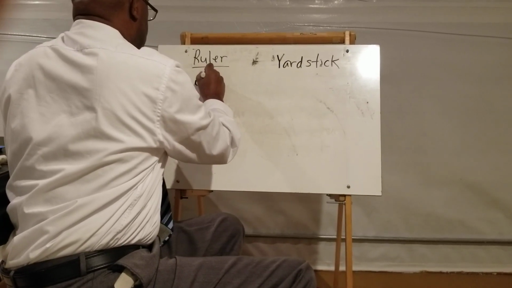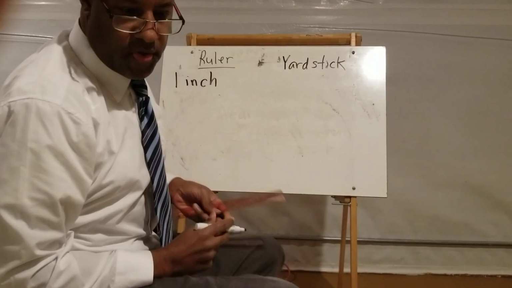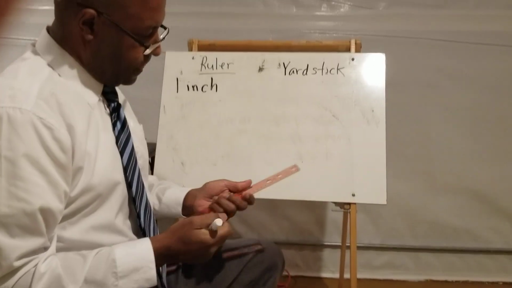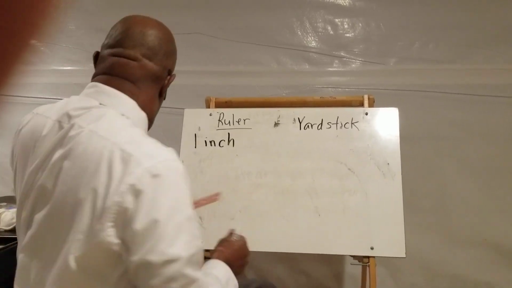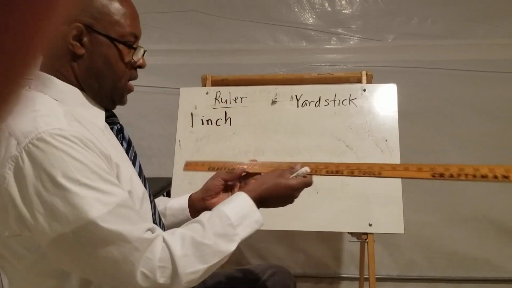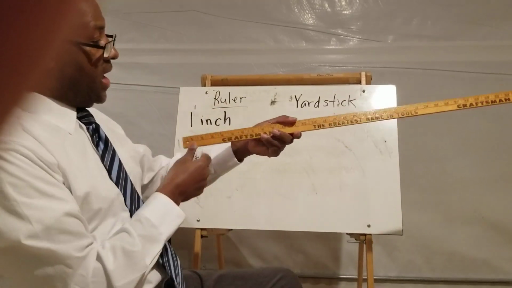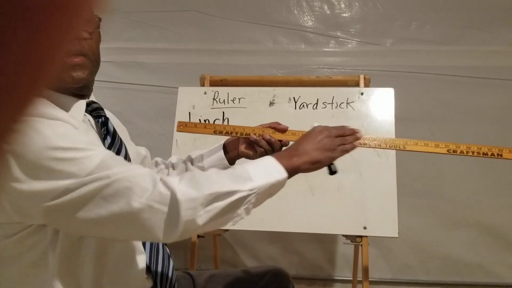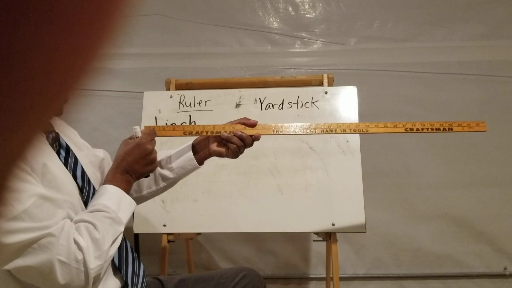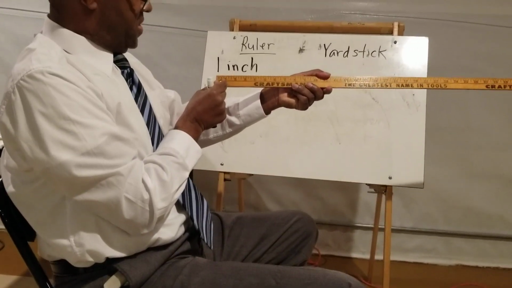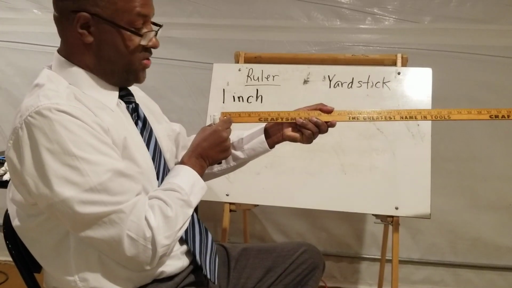Let's start with the smallest unit here, boys and girls, and we're talking about 1 inch. If we take a look at this yardstick, you see how long it is, of course. Here's 1 inch right here. This is how long 1 inch is.